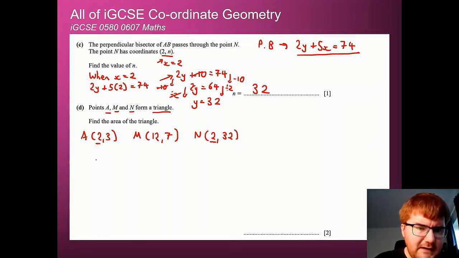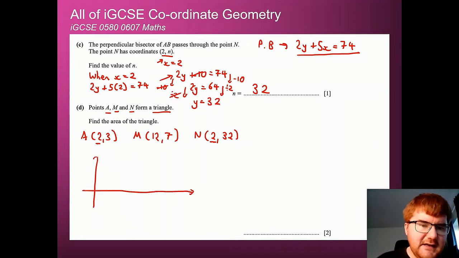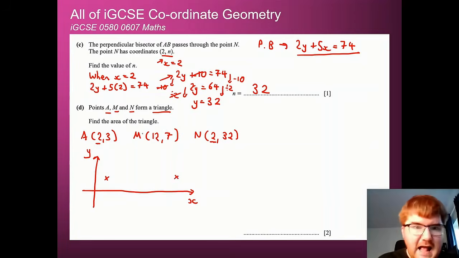So let's draw a diagram here that looks reasonably accurate. Again, doesn't have to be to scale in the slightest, but to give us a good idea of what's going on. So A is 2, 3, so that's going to be somewhere here. N, notice, is 2, 32, so it's on the same vertical line, just way over here. And then M is going to be 12, so in the middle somewhere, not exactly in the middle, that doesn't matter.